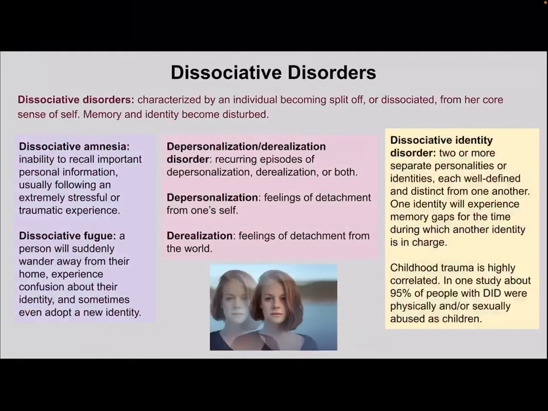And then dissociative identity disorder, you may have heard of in mainstream culture, although it often is depicted poorly and inaccurately. Dissociative identity disorder is also called multiple personality disorder. Almost always, if not always, the person who experiences dissociative identity disorder experienced very severe trauma as a child.